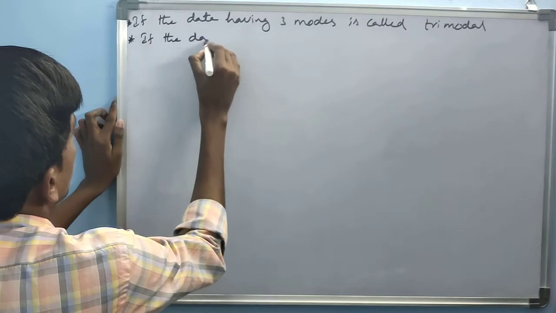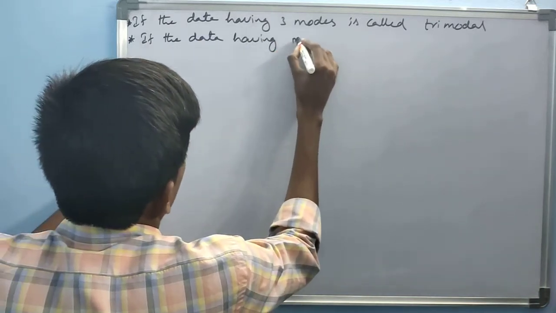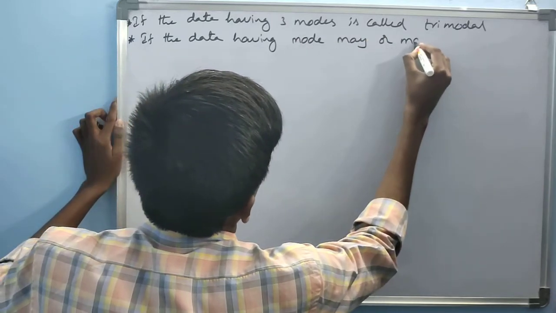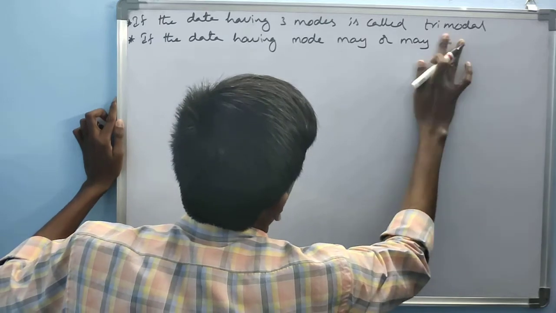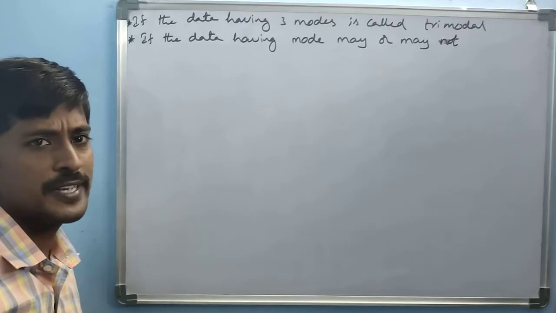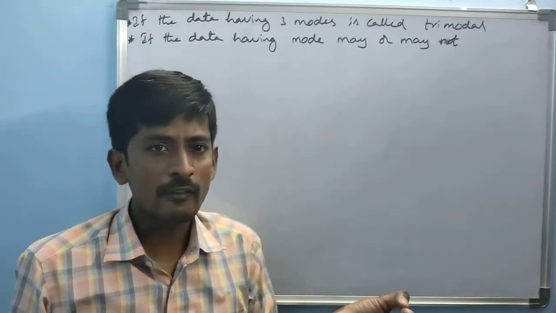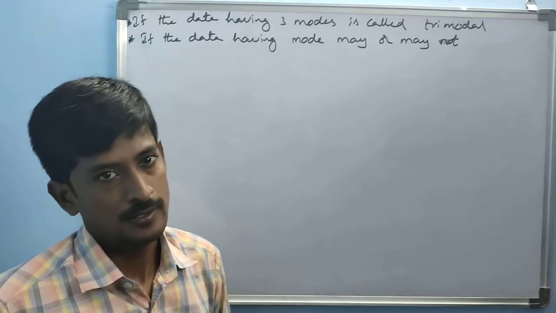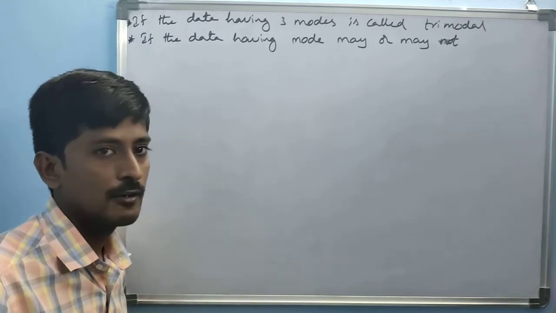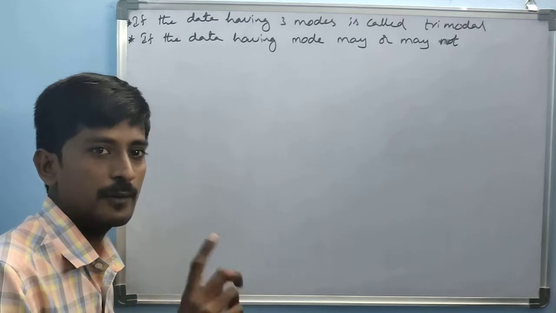The data may or may not have a mode. Sometimes no mode comes. For example, find the mode of natural numbers: 1, 2, 3, 4, 5, 6, 7, 8, 9, 10 and so on. 1 came one time, 2 came one time, 3 one time, 4 one time.